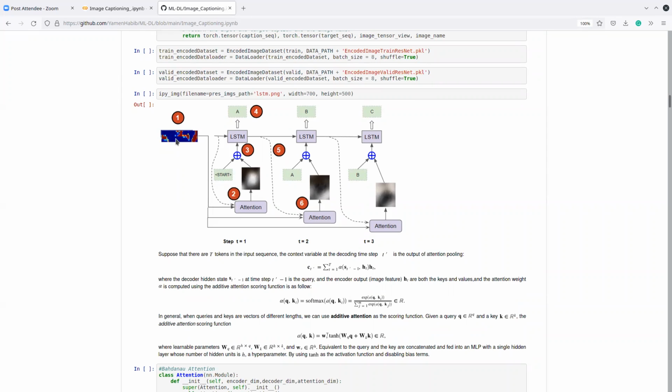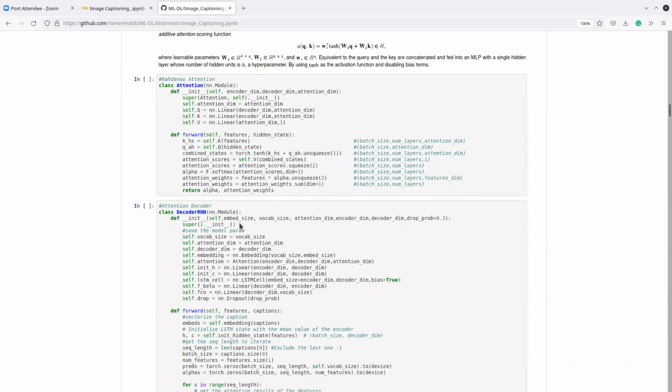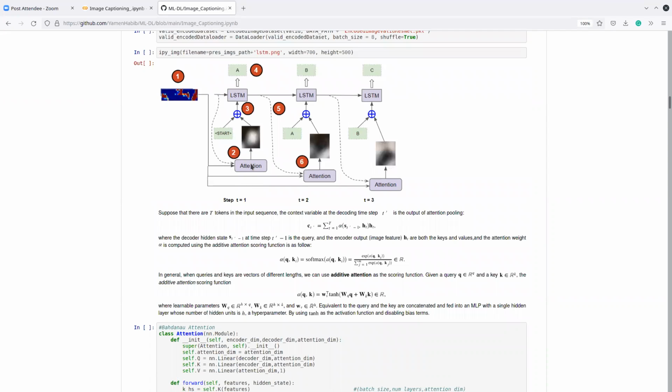This is our feature vector of the image. We take the feature vector and we calculate the attention. It's called alpha attention. We start the generation with the word start.